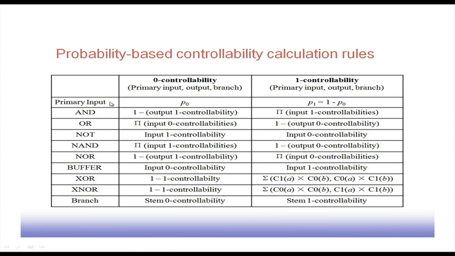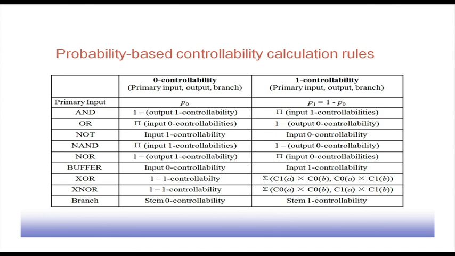For a primary input, 0 controllability is P0, because I can very easily make that primary input line 0 by applying a 0 at the input, and 1 controllability P1 is 1 minus P0. If it is coming from the environment, the environment will tell us how easy or how difficult it is to set a line to 0.